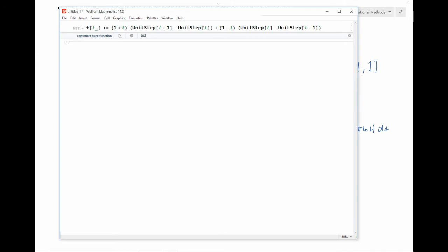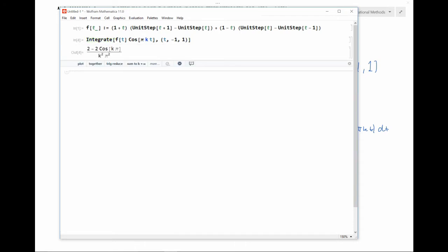So it's the same function f of t. Let's integrate the function f of t with the function cosine of pi kt for t from -1 to 1.